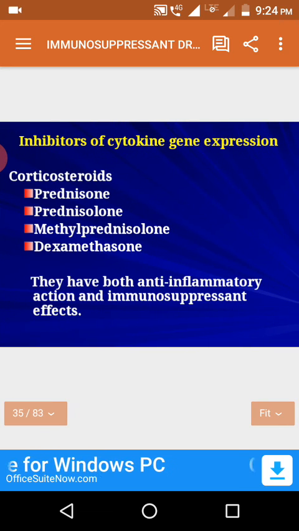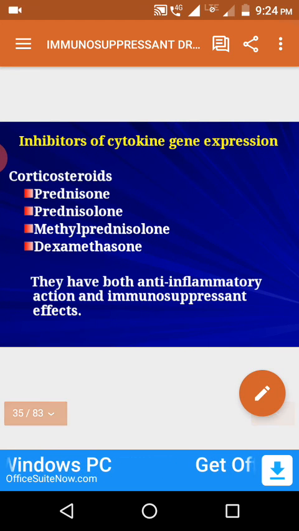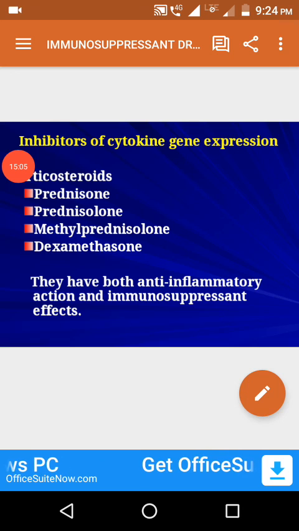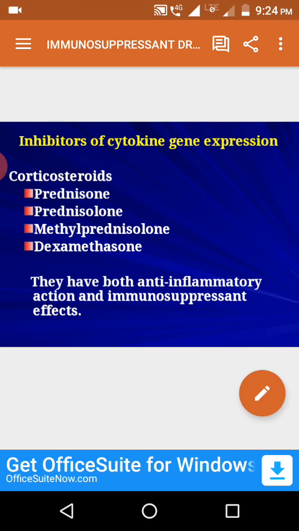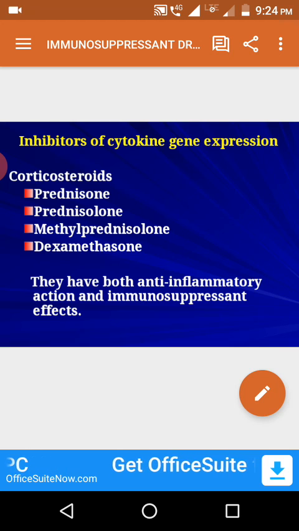Okay, so up to now you have completed interleukin 2 production inhibitors, including sirolimus. Next is corticosteroids, which come under inhibitors of cytokine gene expression.